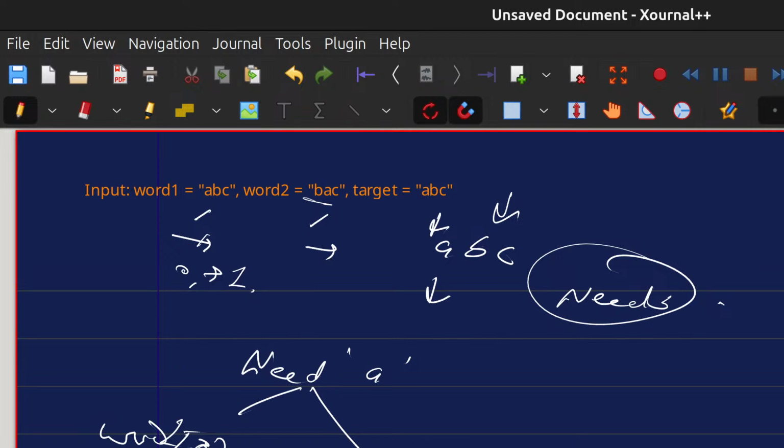So we must remember the last used index in word 1, and similarly we should remember the last used index in word 2 also.